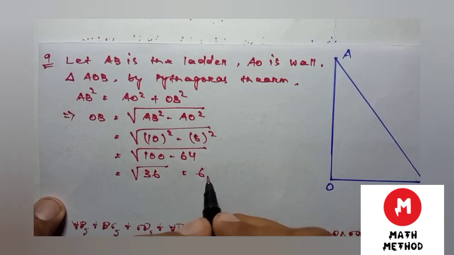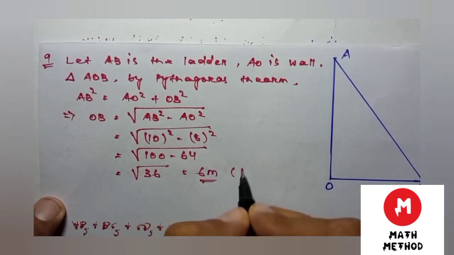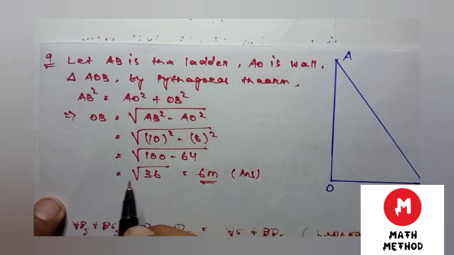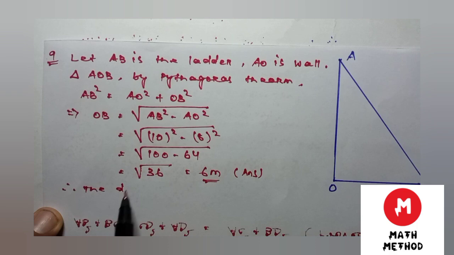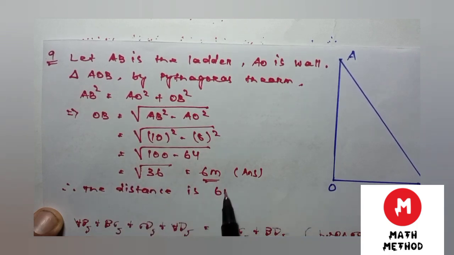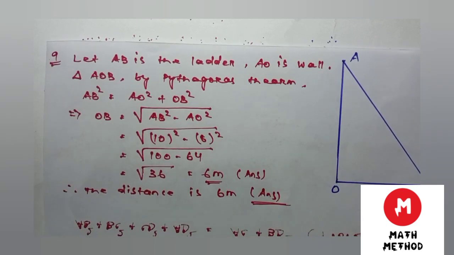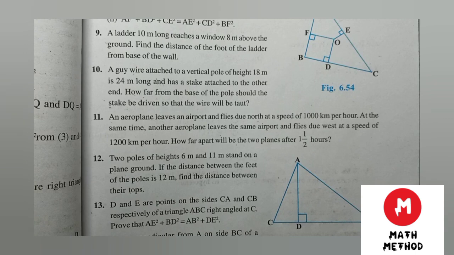So this is our answer. So we will write like this. The distance is 6 meters. This is our answer of question number 9. Clear?